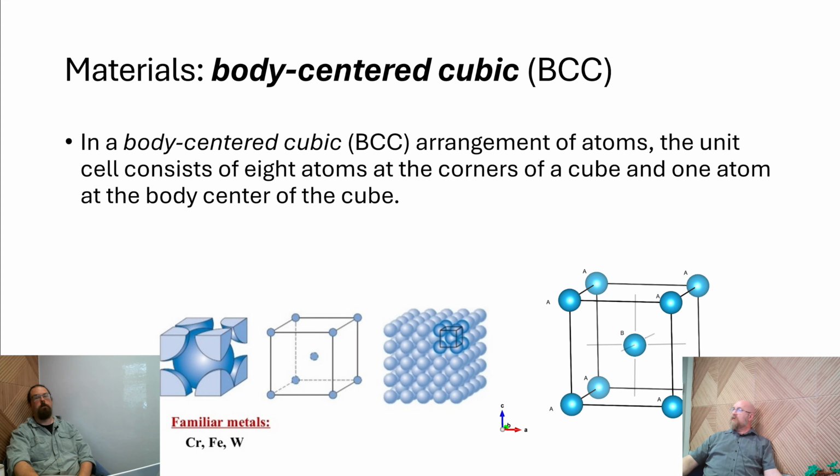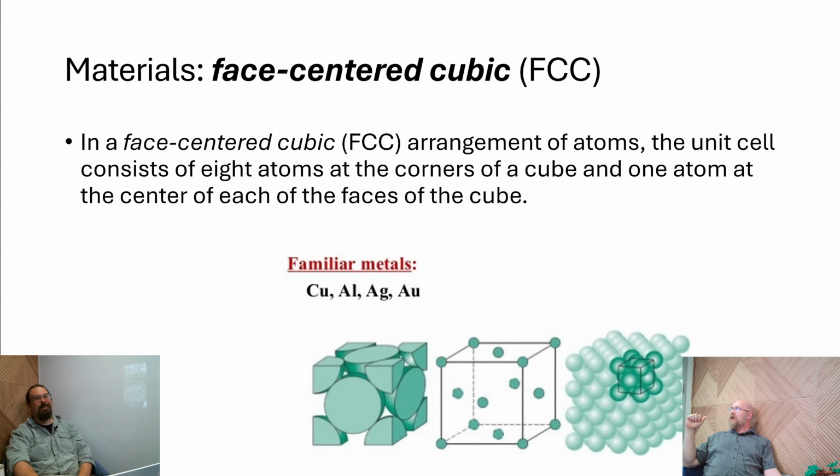W is tungsten, for obvious reasons. Go to the next one, and then we've got copper, aluminum, silver and gold. But you can also get iron in face-centered cubic. That's one of the beautiful things about it, and we're going to get into this later on.